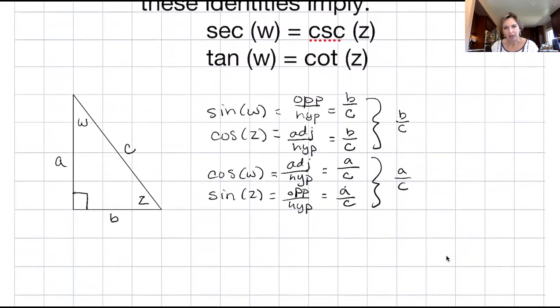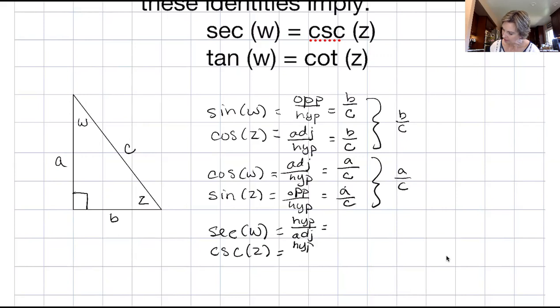Okay, these other two are implied in that identity. We don't see them quite as often, but just so that we feel comfortable using them and understand them, let's check those out really quick. Okay, so secant of W and cosecant of Z. Our secant is hypotenuse over adjacent, and cosecant is hypotenuse over opposite, just using our reciprocal identities.